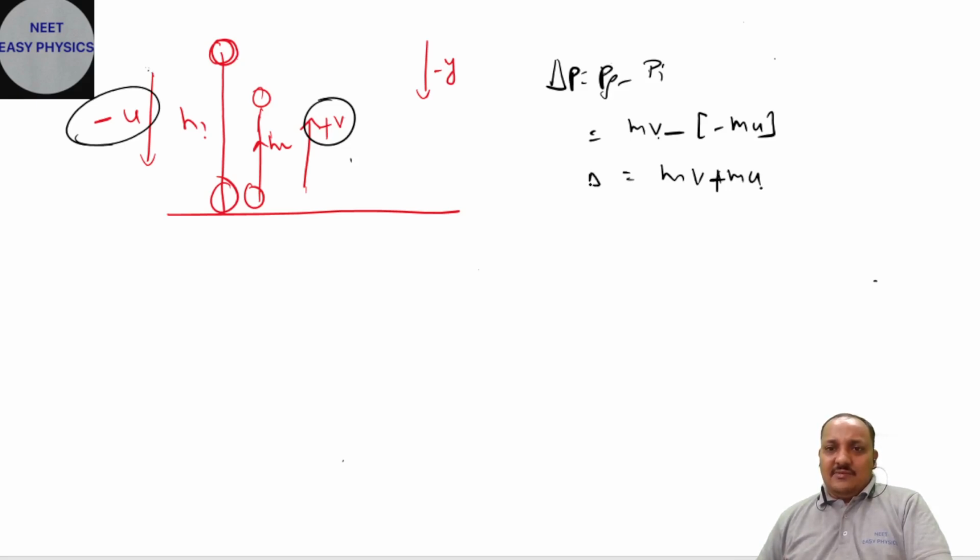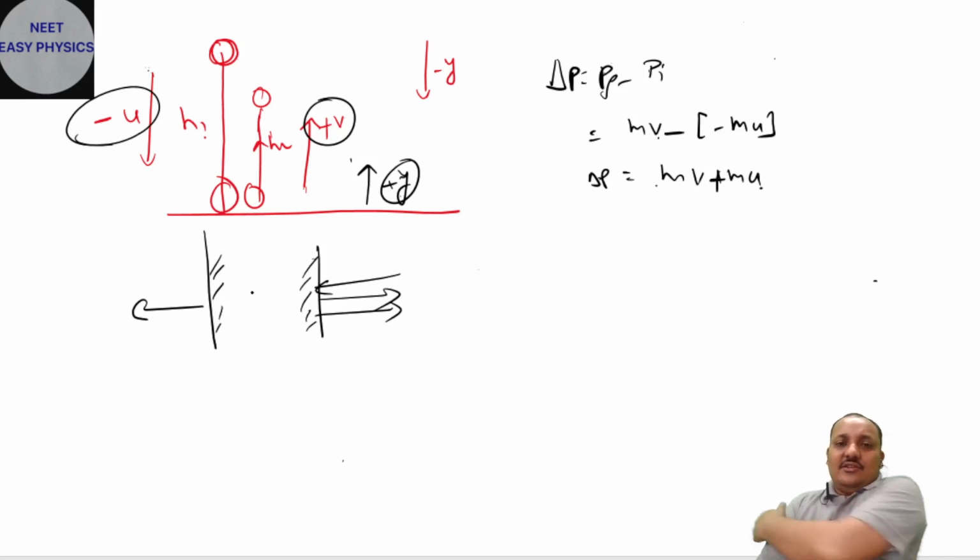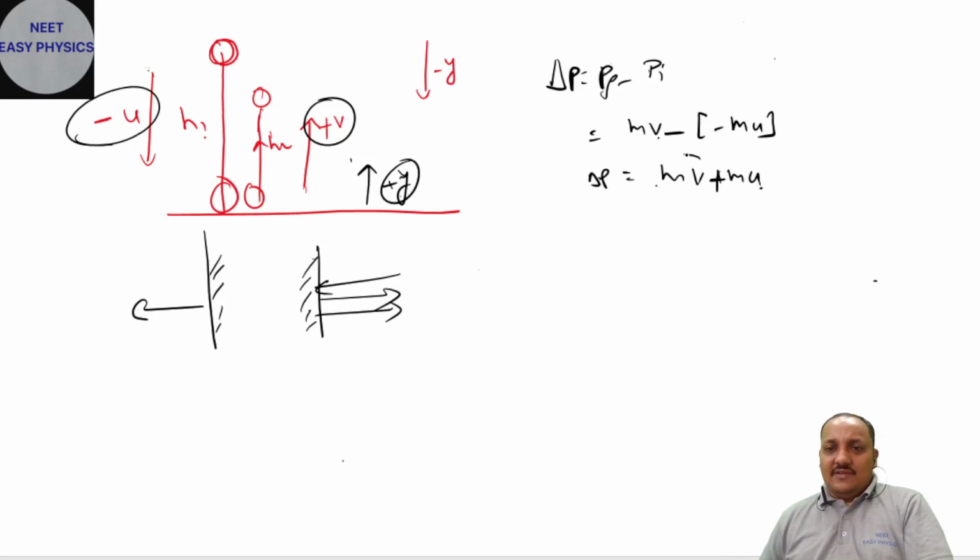Here the change in momentum is positive because it is along the positive y-axis. If the wall is like this, the change in momentum is towards the left side. Same like that, if the wall is like this, the change in momentum will be to the right side. So direction is also going to be important because change in momentum is a vector.